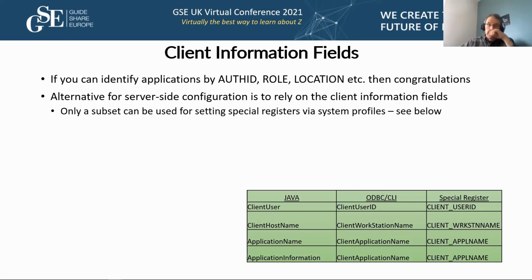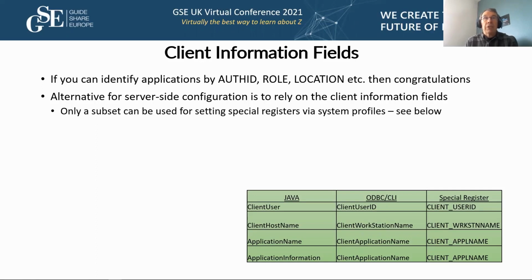So let's talk about those client information fields. If you can identify applications by auth ID, role, location, and so on, then congratulations. I think you're probably amongst the few who can do that. The alternative for server-side configuration is to rely on the client information fields.